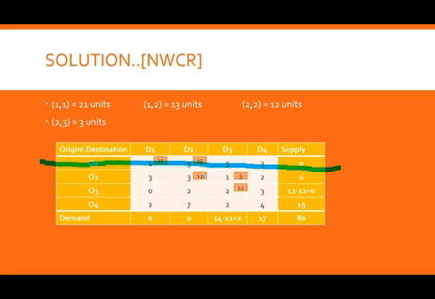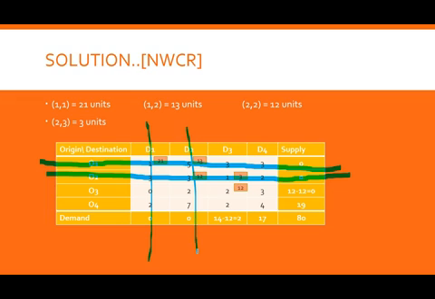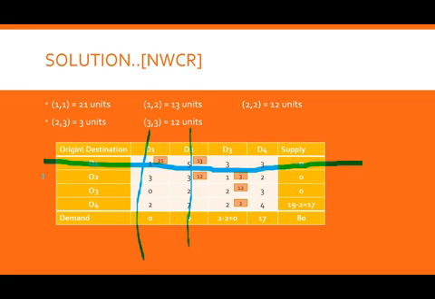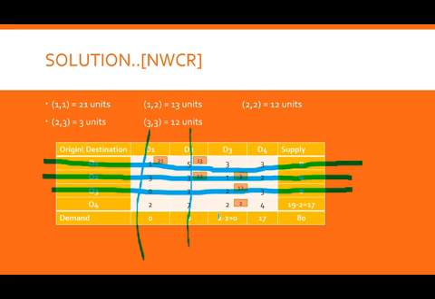The first row is gone, second row is gone, first column is gone, and the second column is gone. Now in the remaining matrix, the top left corner is 3, 3. So I make an allocation of 12 units here. So 3, 3, 12 units. Now the top left corner is 4, 3, so I make an allocation of 2 units here.